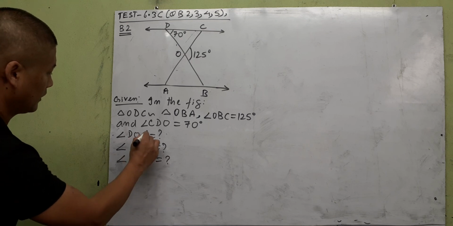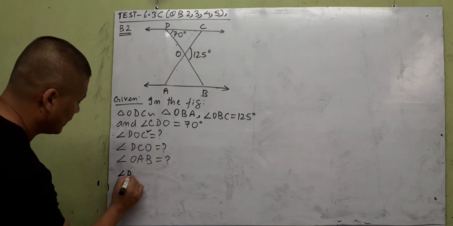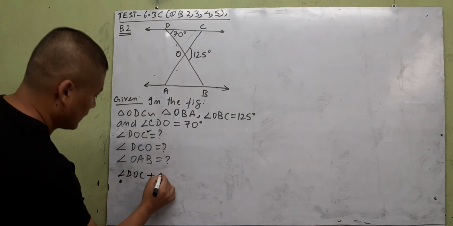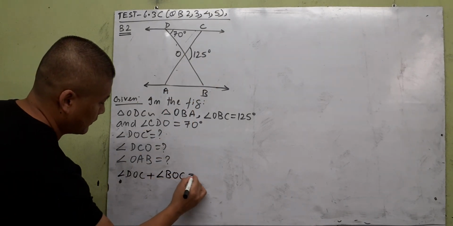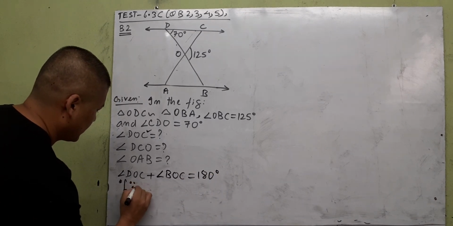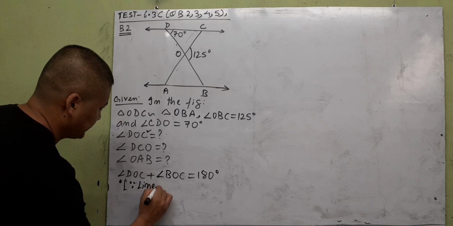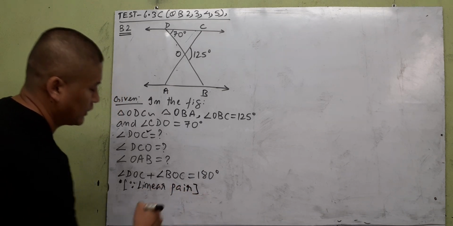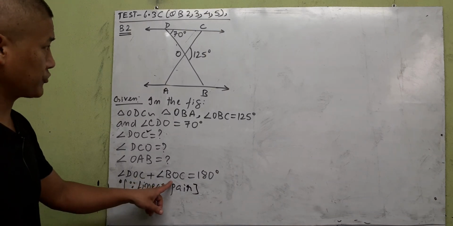So angle DOC plus BOC will be 180 degree, because these two make a linear pair, meaning the uncommon arms of these two angles make a straight line.